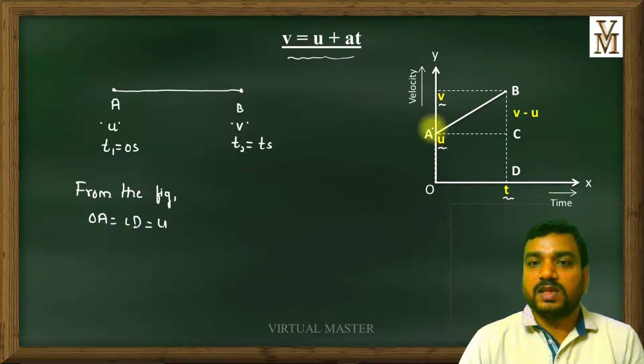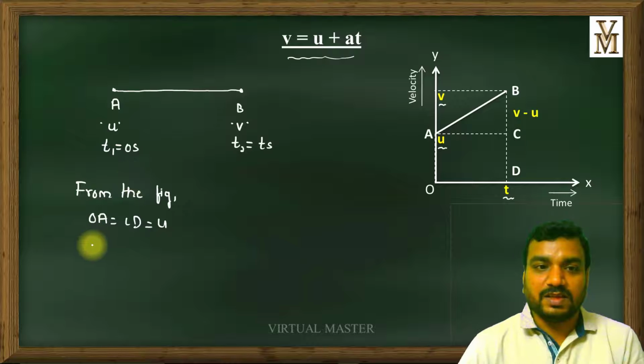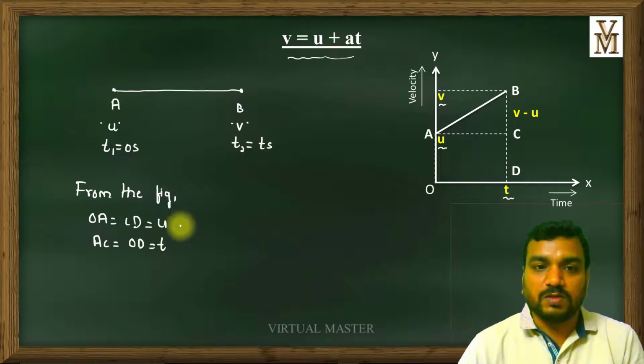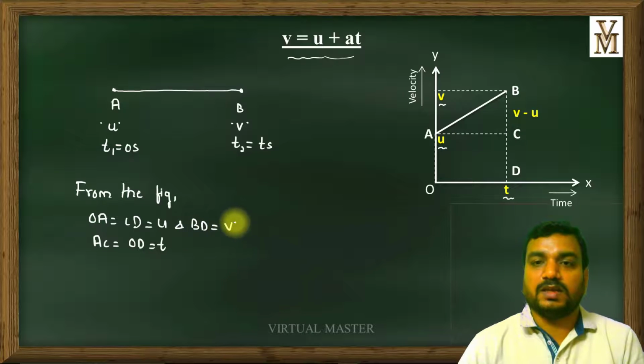And also the length of AC will be equal to the length of OD and it will be equal to small t. And from the figure I can write BD will be equal to small v. The length of BD is equal to small v, right?